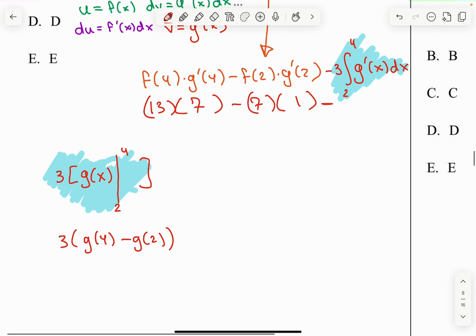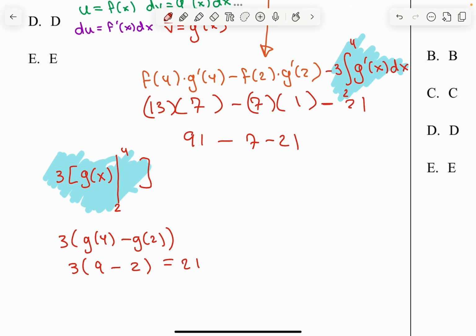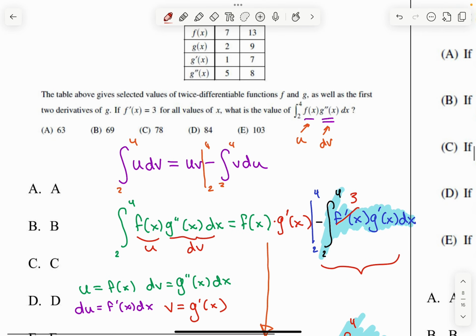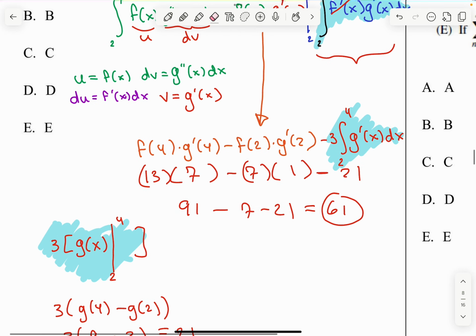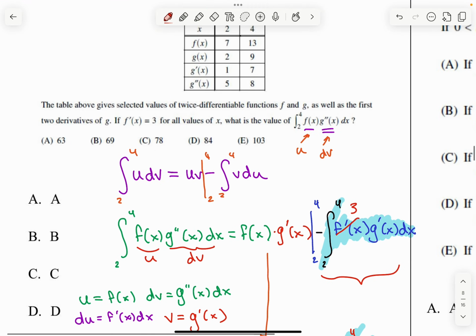So this is 9 minus 2, so it's 3 times 7, which is 21. So that's minus 21. Now with the arithmetic, I get 91 minus 7 minus 21. So that's 70 minus 7, so that's 61. Nope, 70 minus 7 is 63. And that's answer choice A.